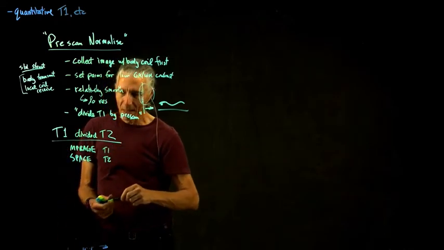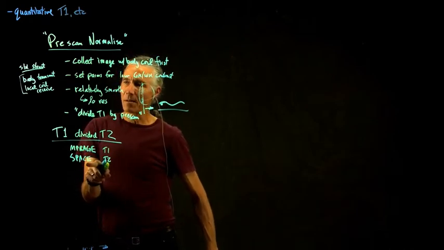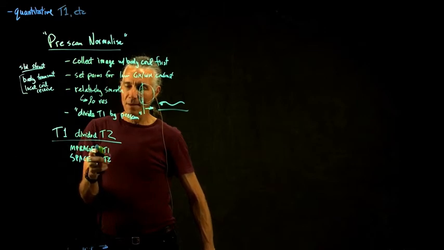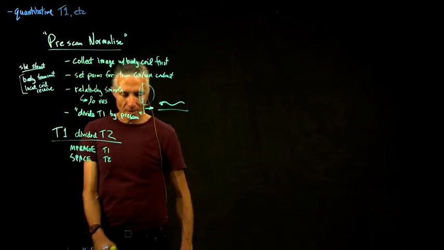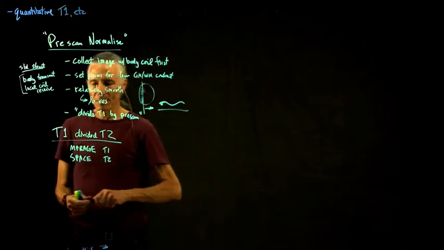And so if you look at the SPACE scan, there'll be almost no gray-white matter contrast in it at all. So if you just divide by that, you'll end up again with a number that removes coil fall off. But there are several issues here.